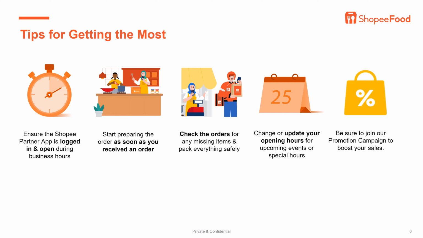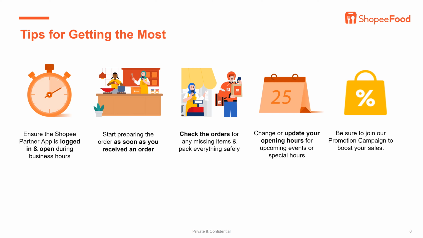So the next tip is, do not forget to change or update your opening hours for upcoming events or special hours. For example, if you are scheduled to be turned off for renovation, meaning you need to close the store for a few days, you can just plan ahead and set it in advance. You can use our special hours to schedule your events in the future.